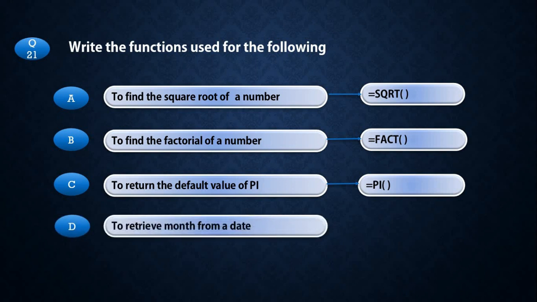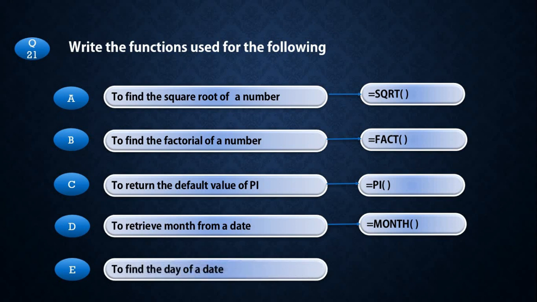To retrieve the month from a date, we use the MONTH function. And to find the day of a date, if a date is given and you want to find out which day it comes on, then we use the function called TEXT. So give the date and then the format in which you want.